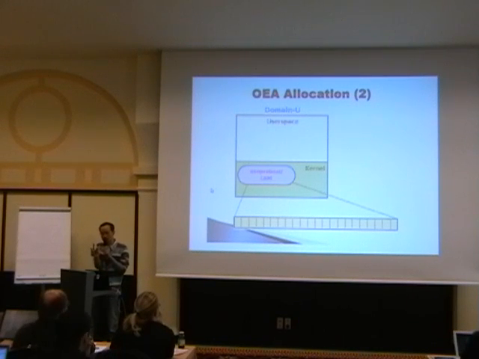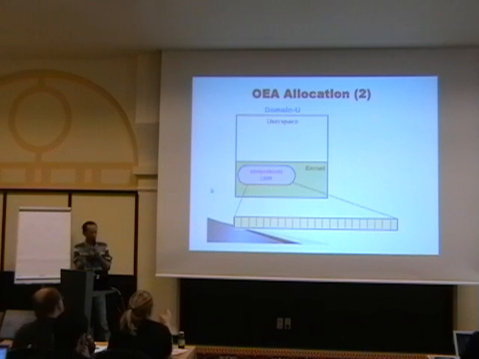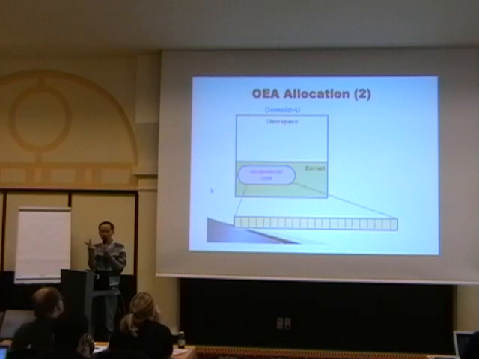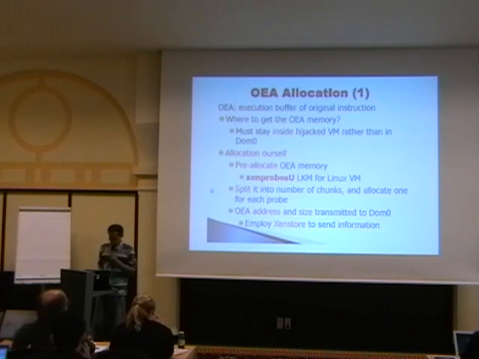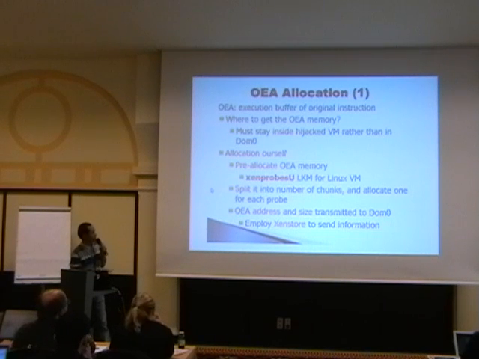Each slot is only about 20 bytes, and each slot will be allocated for one breakpoint. So you can imagine that with 4 kilobytes you can allocate a lot of breakpoints, a lot of probes. So our solution is that we allocate the buffer ourselves and split it, and each slot will be allocated for one probe.